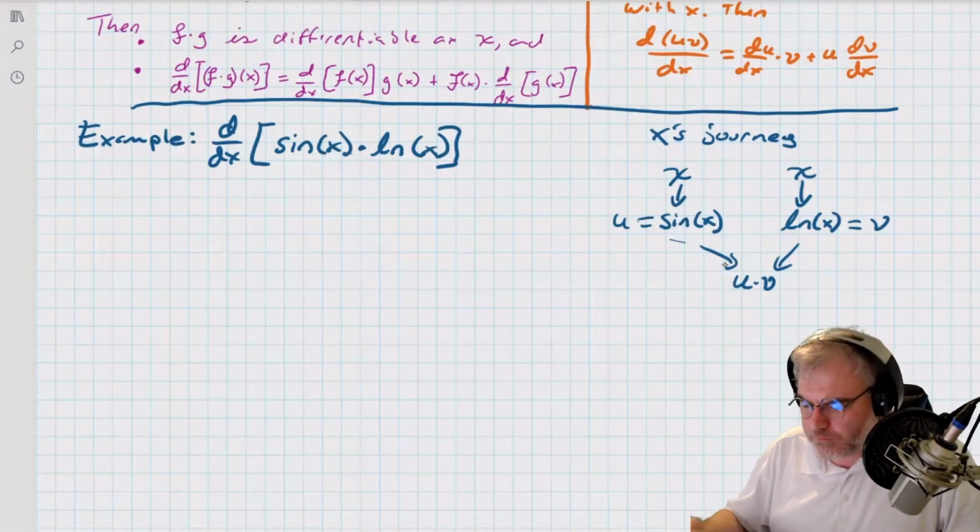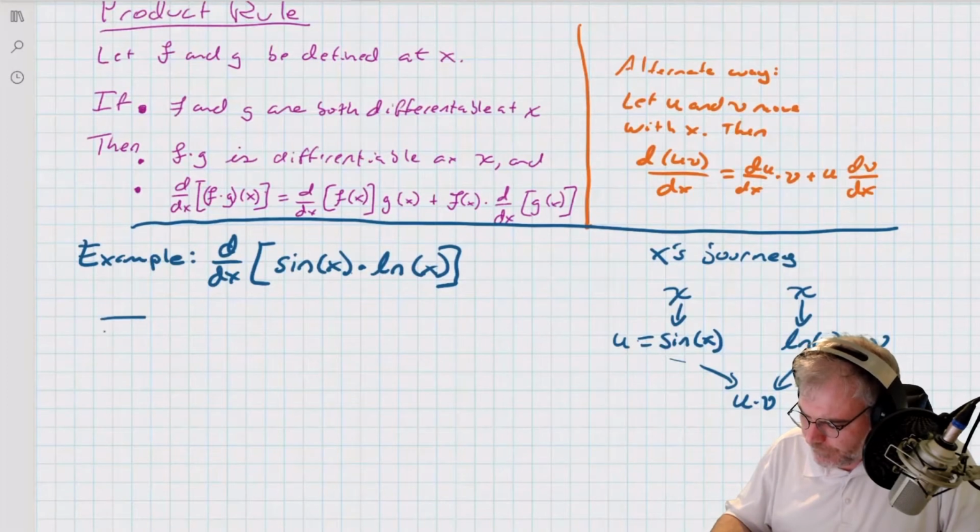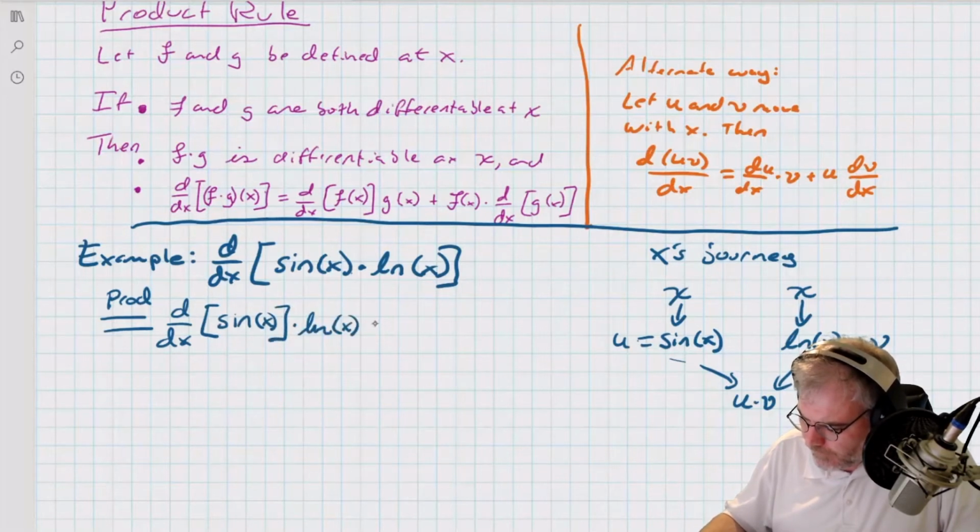According to the rule, I'm going to take the derivative of this piece, and then the derivative of this piece.